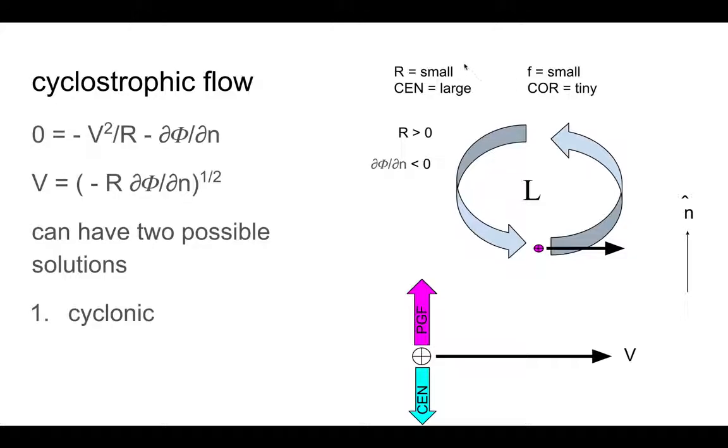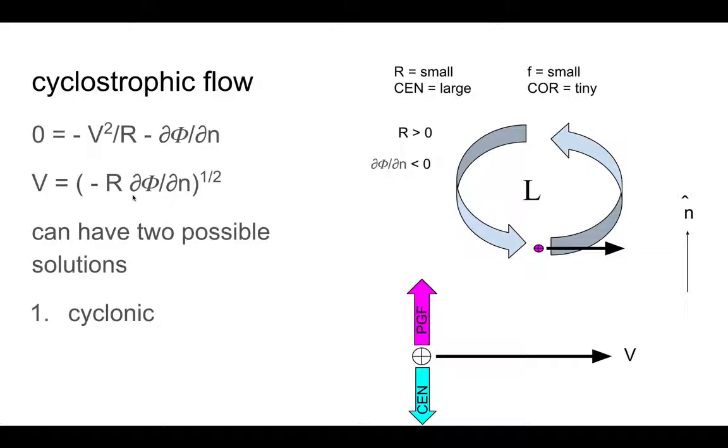This might also be the case where we're looking at a small radius of curvature and the centrifugal acceleration is really large, and relative to Coriolis, it's a much more dominant term. Then we're looking at a balance between the centrifugal acceleration and the pressure gradient force. And so we can rearrange this and solve for V, and we see it's the square root of minus R times dphi/dn.